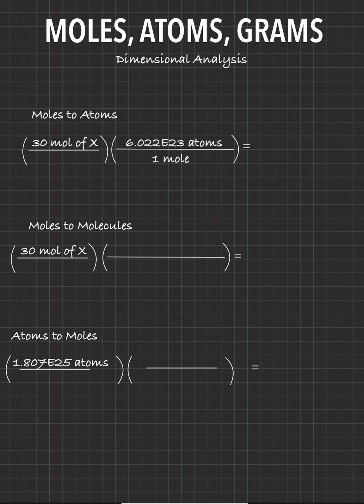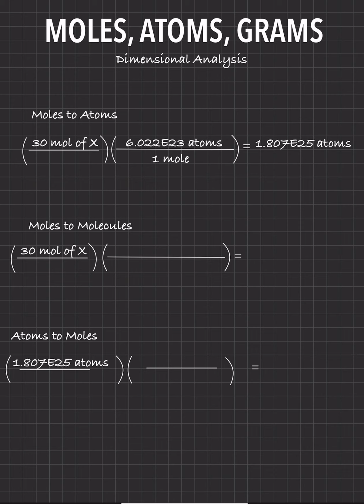So don't do that. Make sure that what you have in the numerator cancels with the denominator and you're left with whatever you're looking for. Again, in this case, my moles cancel and I'm left with my atoms, which is what I'm looking for in this problem. And if you do the math, you're going to end up with 1.807 times 10 to the 25 atoms.